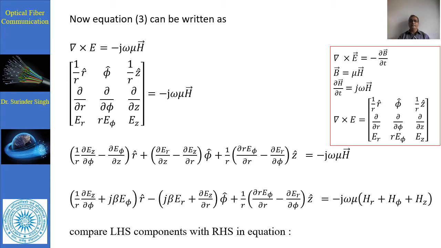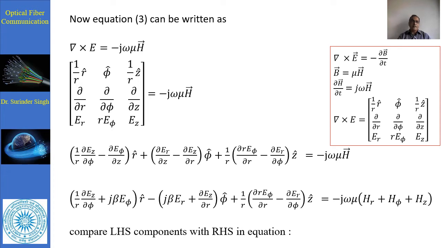When we take the derivative with respect to t, mu is already taken out, and the negative sign and j omega emerge from it. So j omega mu H is again the part, and this will be the final equation: del cross E is equal to minus j omega mu H.